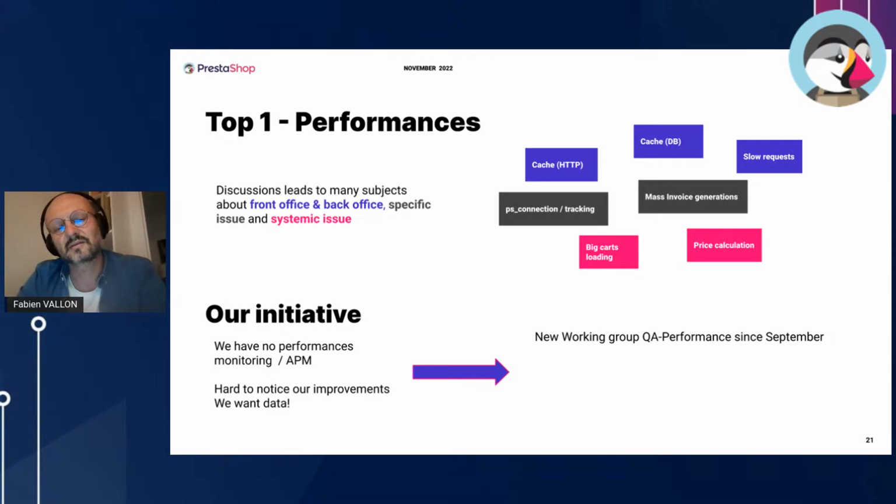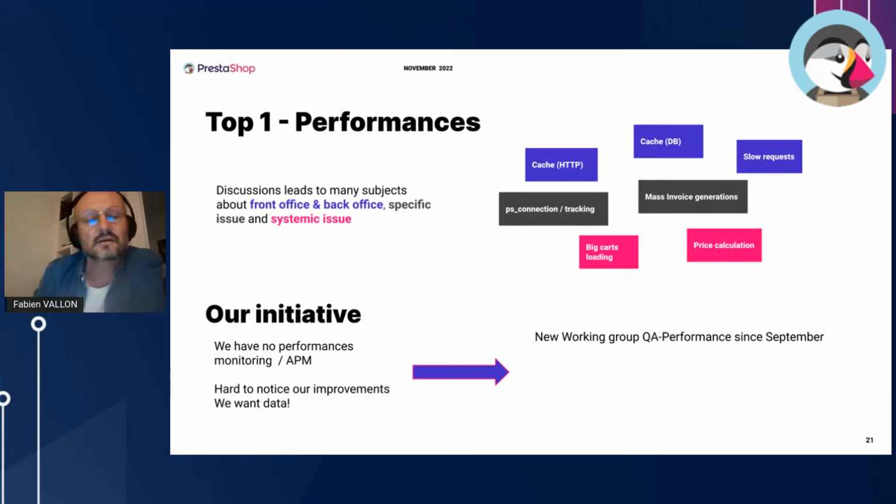The problem is that we don't have data. We don't have performance monitoring or application performance monitoring. So since September, internally, we started a working group called Quality QA Performance, which will provide a QA performance APM monitoring platform, fully automated, to have this data.